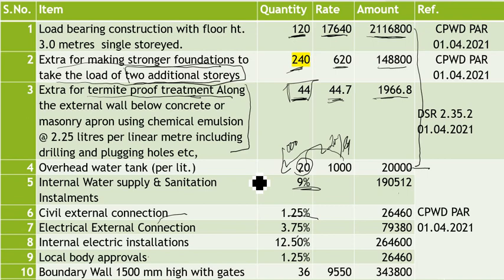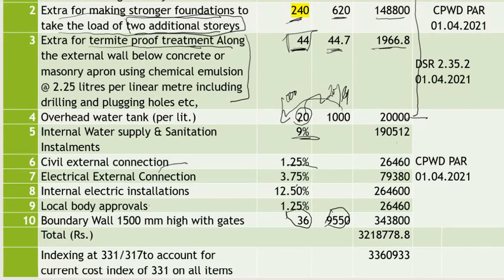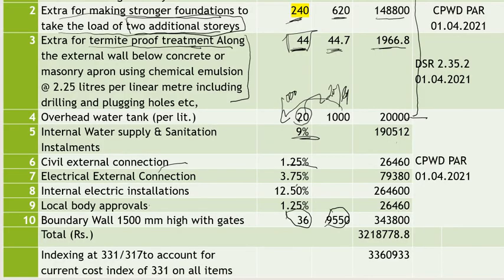Local body approvals 1.25%, these are all given in your CPWD plinth area rates. For boundary walls, 36 meter is the length of boundary wall, this is the rate, this will be 3 lakh 48,300. So total is 32 lakh 18,778.8. This is the value in 2021.